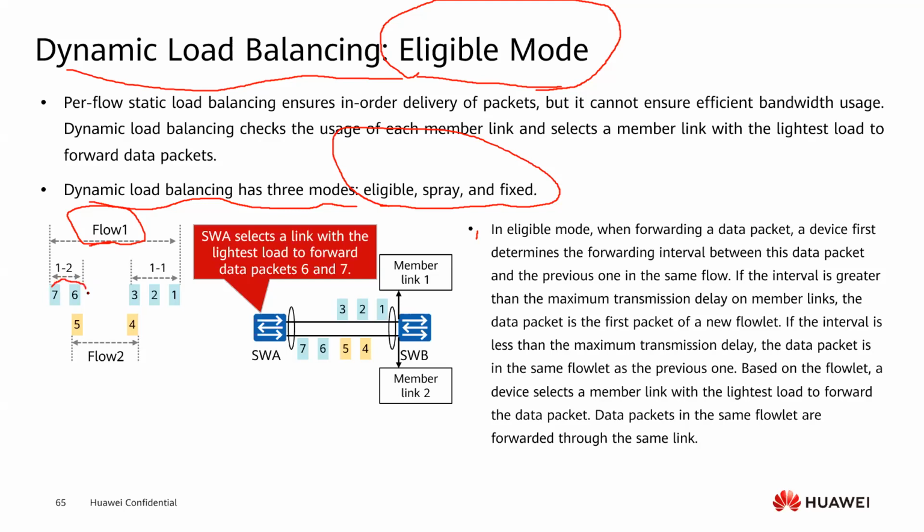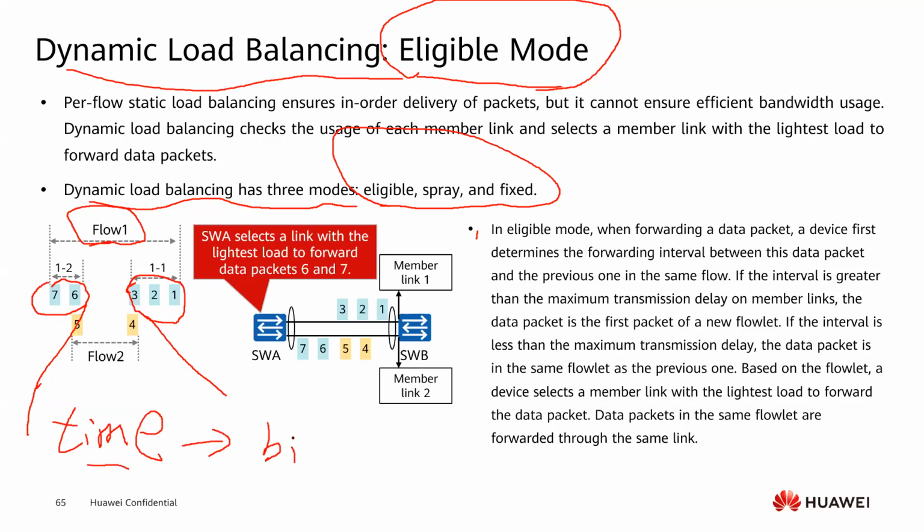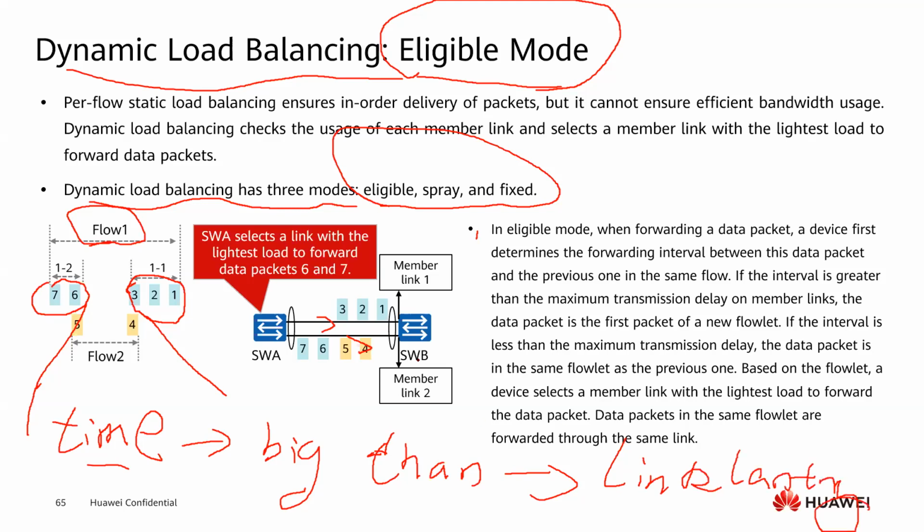Because packets 6 and 7 and packets 1, 2, 3 have a time interval between them that is bigger than the link latency.